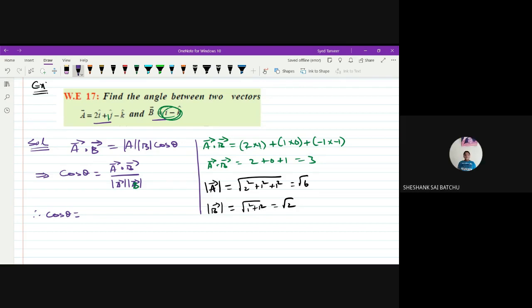Multiply, sir. If you have a vector xi plus yj plus zk, then the magnitude of that vector will be this.